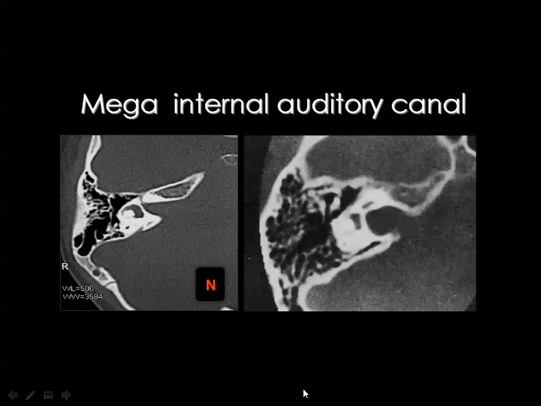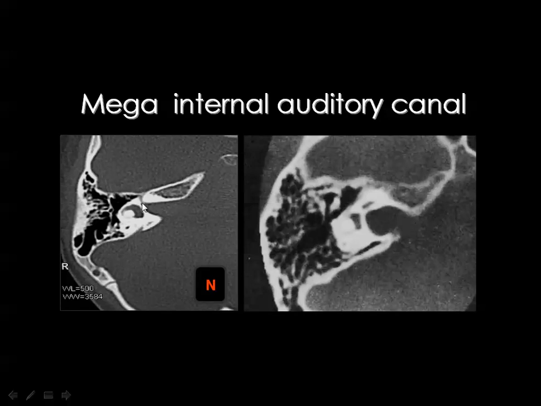Then sometimes you get widening of the internal canal without the presence of intracanalicular tumors, and this is known as mega internal canal. It's also filled by CSF, and there is no abnormality inside the canal or in the cerebellopontine angle.